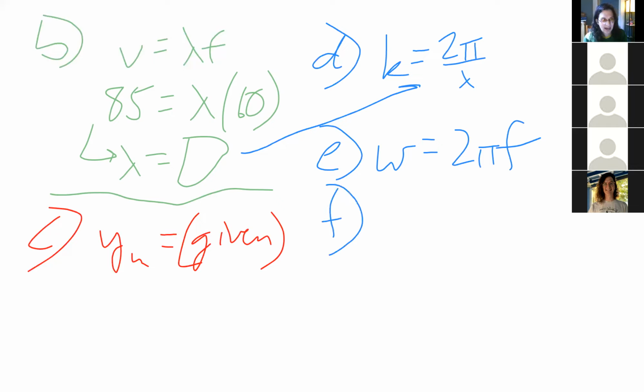In part F, they're going to ask us to find the phase shift. So this actually maybe requires a little bit more of an explanation.